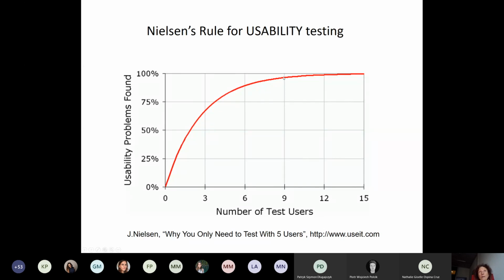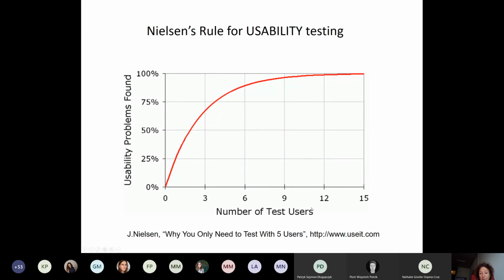With 9, you get almost 100%. And then with 12, you basically get all possible mistakes, the identification of possible weaknesses of the application. Then between 12 and 15, you basically get a confirmation of the result of the first 12 users.